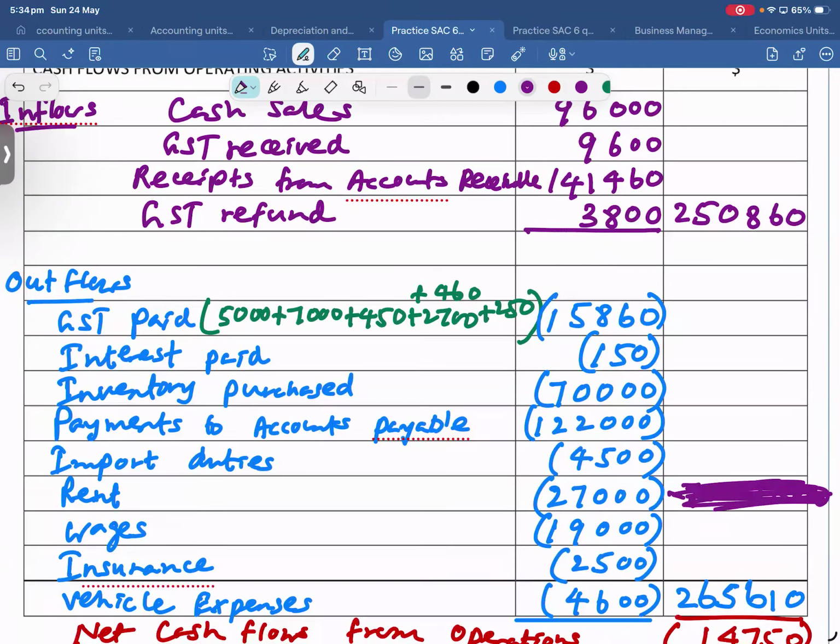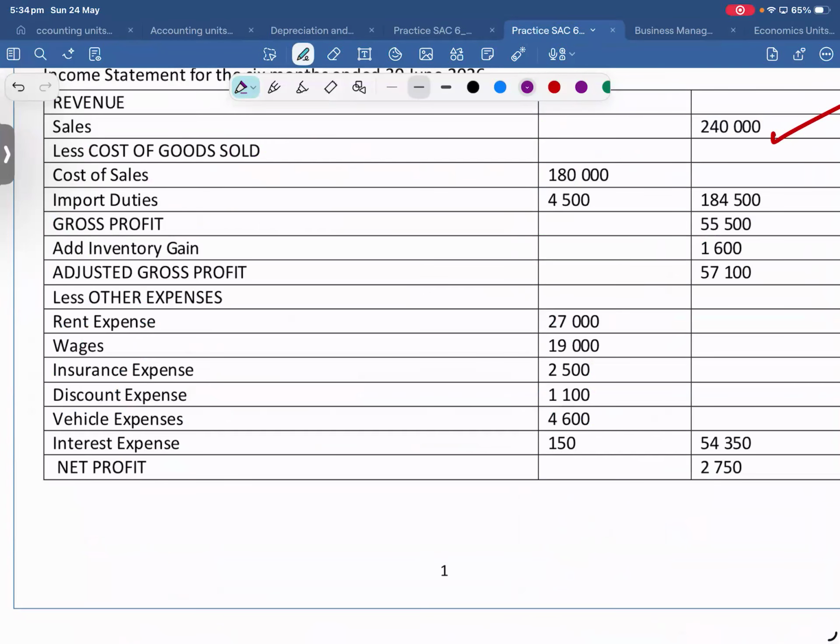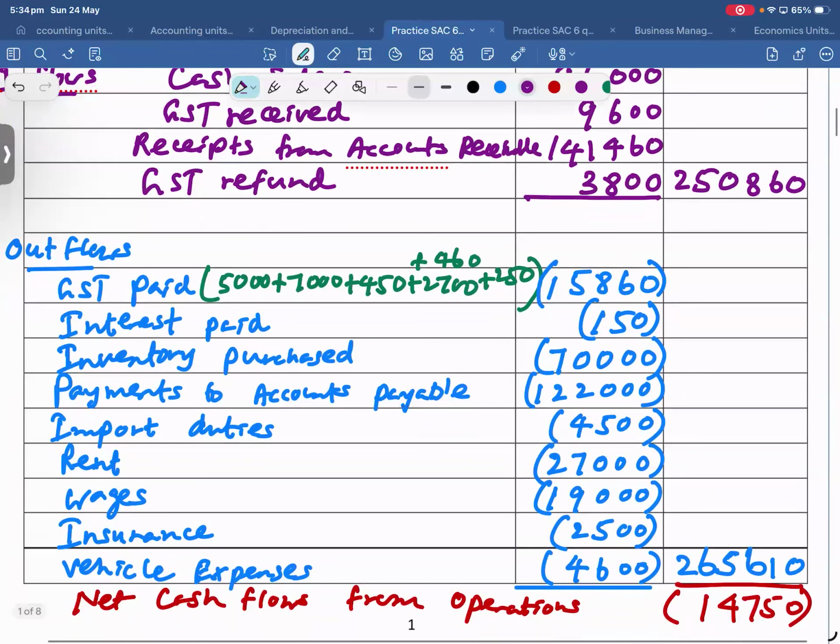Okay. And also don't forget there is GST on that. Okay. Then guys, next item. Insurance expense, 2,500. There's operating outflow, and also there is GST.